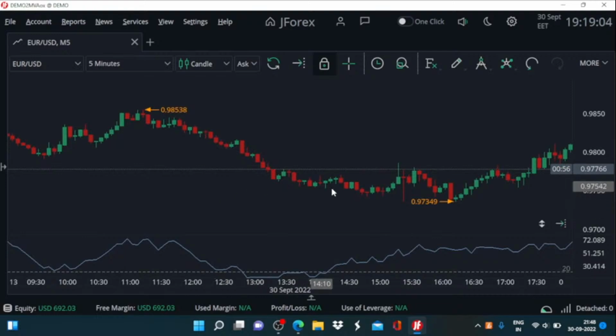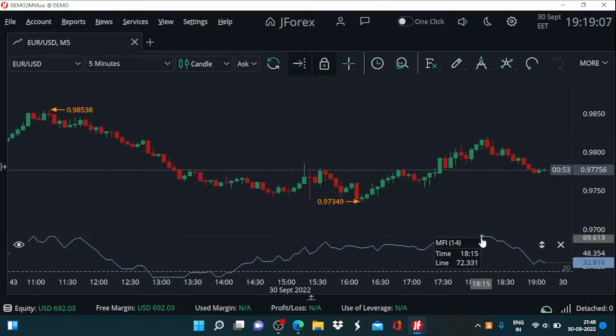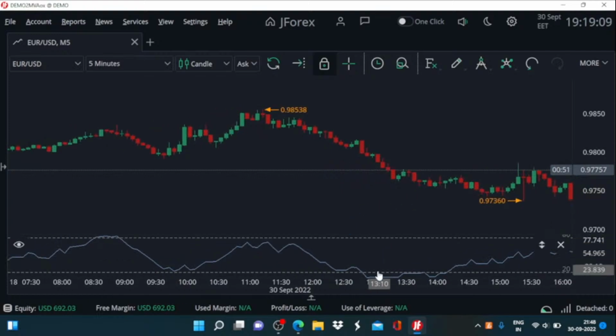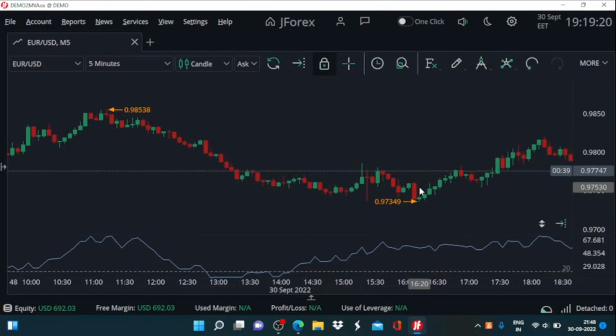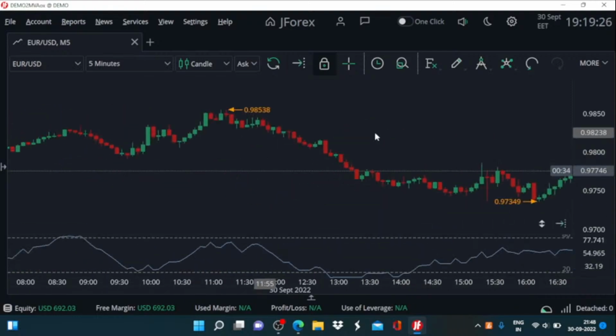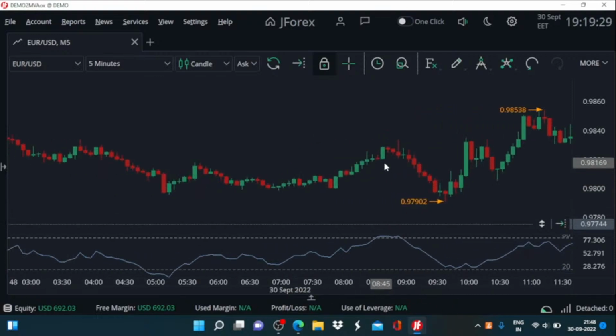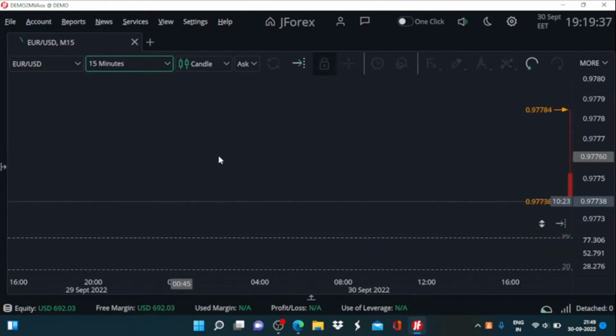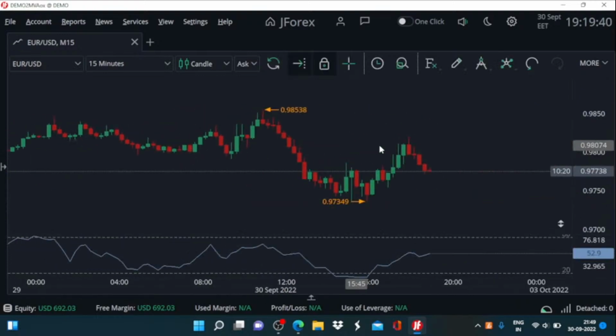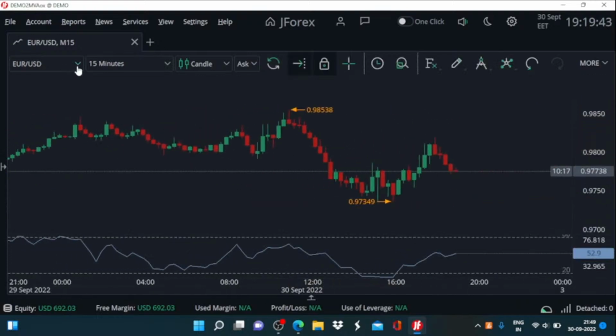Here, if we consider the trade signals generated by this indicator, we had it showing us an oversold situation around 14 GMT earlier in the day, and from there on we saw the Euro USD reversing almost 50 pips on the higher side. Prior to that we also had the MFI above 80, and from there on the reversal happened. So even if you use this indicator on the lower time frame, it is likely to work quite well.